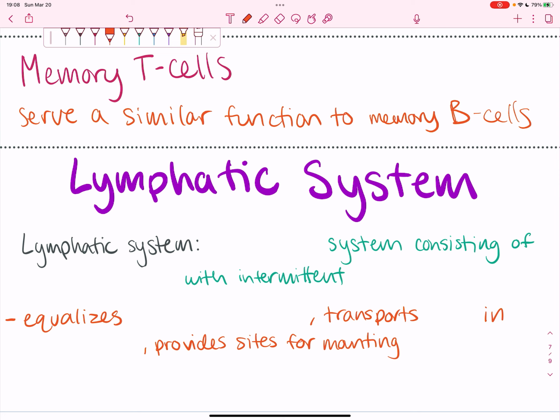So, the lymphatic system is a circulatory system consisting of one-way vessels with intermittent lymph nodes. So, circulatory system, consisting of one-way vessels and lymph nodes.